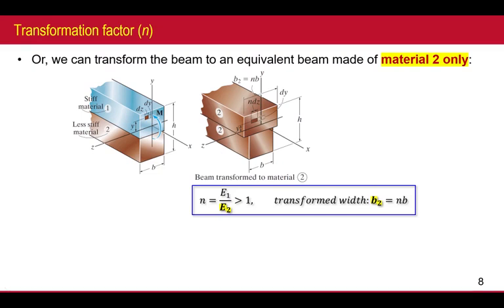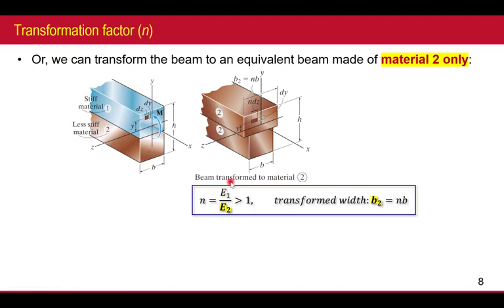Everyone clear? This is the key when you try to use these things. You should know which material is transformed and which material is after transformation, from the equation. n is equal to E1 over E2 or E2 over E1, depending on which material will be transformed.